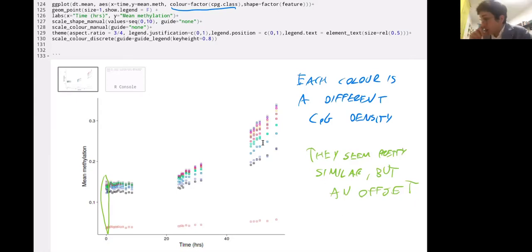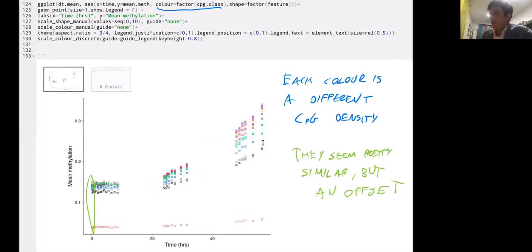But what is important is that if you look at all these curves that have different colors, they seem pretty similar, at least to me. The first thing that catches our eye is that they definitely have a different initial value, a different offset. But maybe if we get rid of the offset, they will look even more similar.